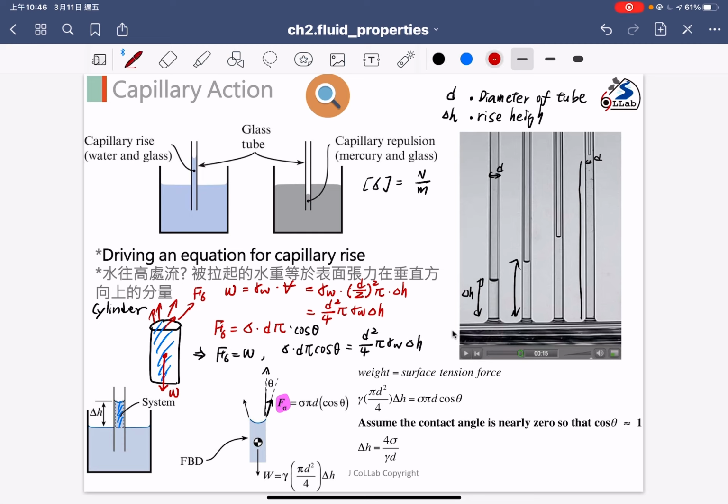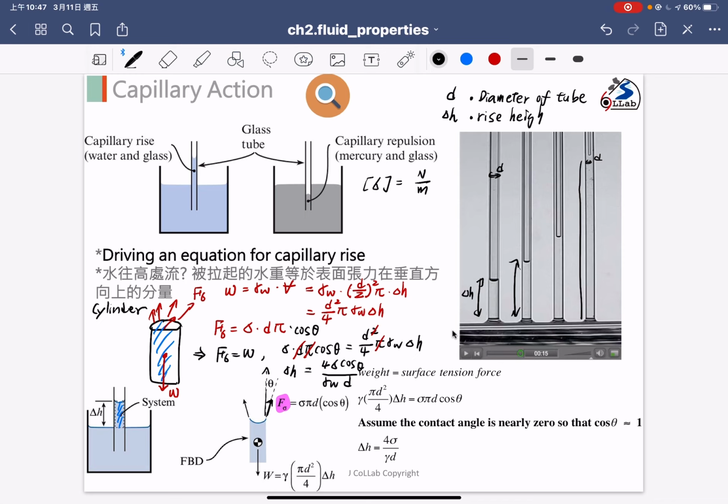We have the same parameter d, so we cancel out one d, and the pi is the same on both sides. Rearranging, we put delta h on one side: delta h equals 4 sigma cosine theta divided by gamma w d.